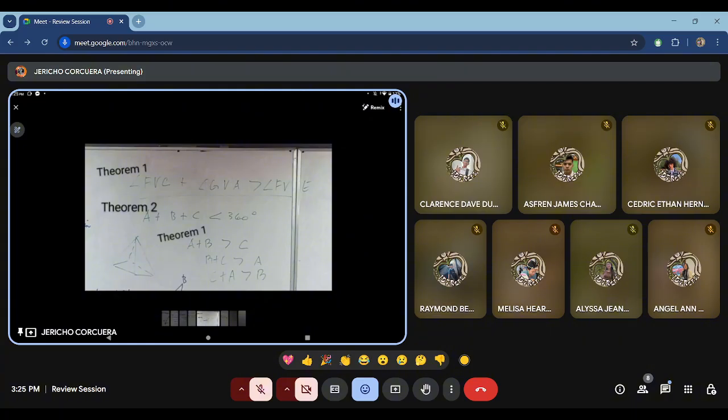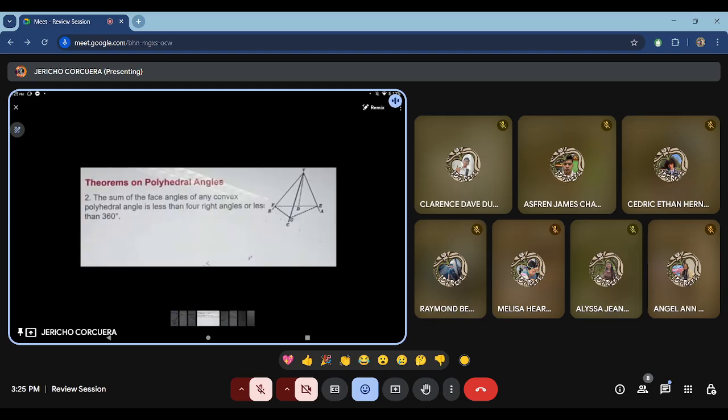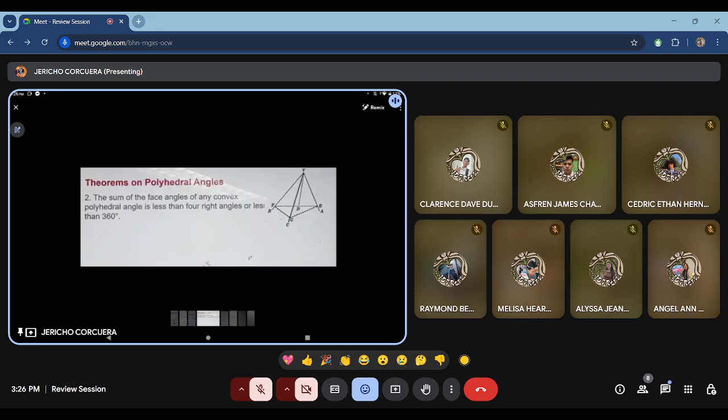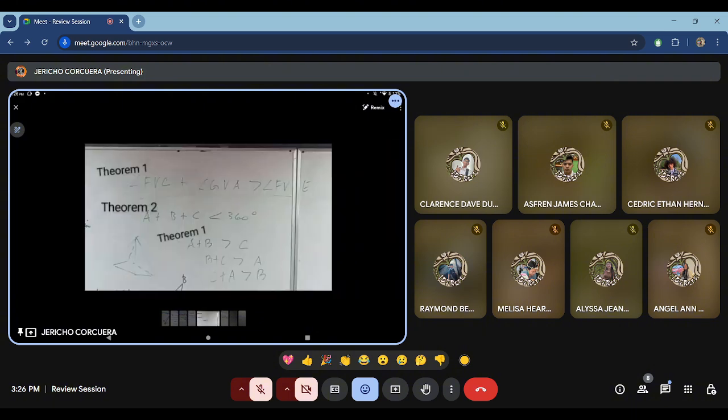Then for theorem 2, the sum of the face angles of any convex polyhedral angle is less than 4 right angles, or less than 360 degrees. So for theorem 1, we have A plus B is greater than C, B plus C is greater than A, and C plus A is greater than B. And for theorem 2, we have A plus B plus C, the face angles of the polyhedral angle, is less than 360 degrees.